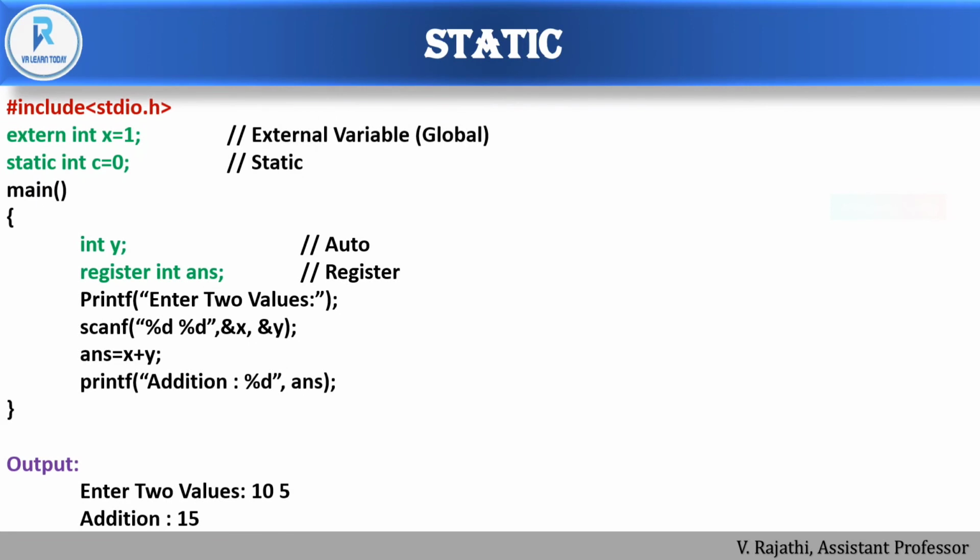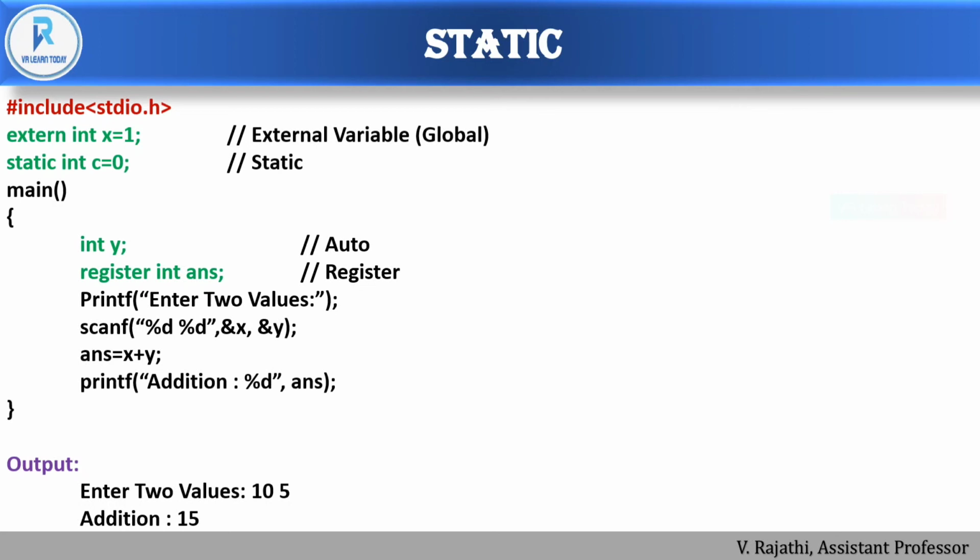So let's see the example. First is the header file. After that, extern int x equal to 1. Extern is a global variable, so we use the extern keyword in the global part, and static is the static keyword. Here I have marked in green color the uses of the storage classes.